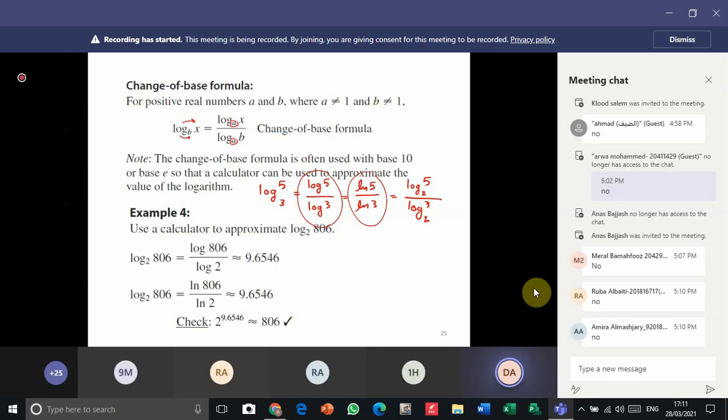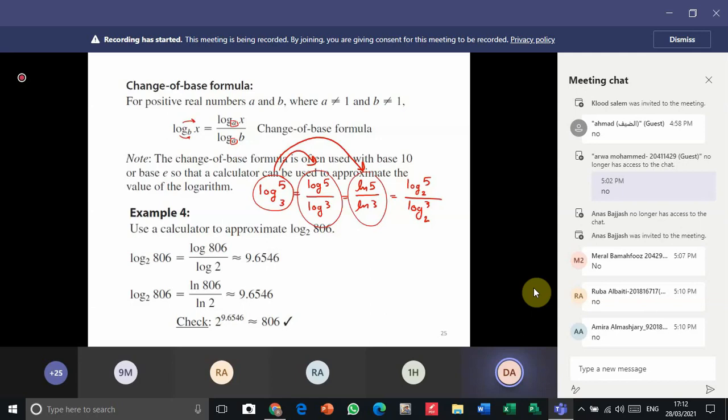So how can we find log of 5 to base 3? We need to change it by using the common logarithm or natural logarithm, using ln or log to base 10 to find log of 5 to base 3.